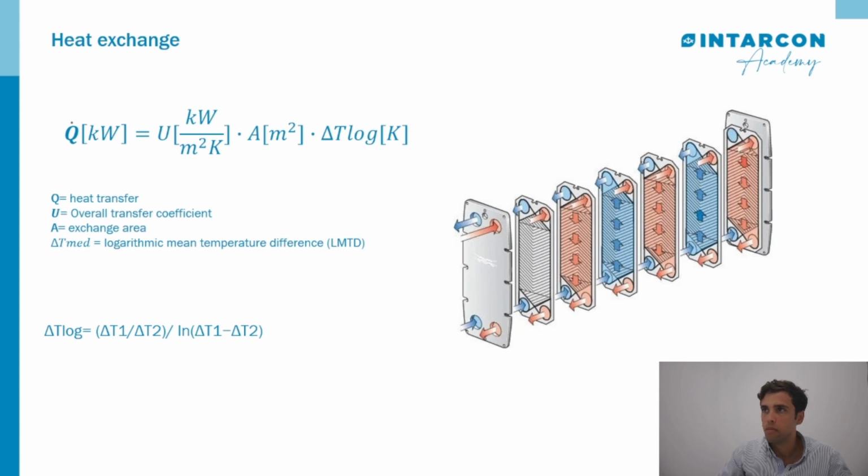Mainly a plate heat exchanger is a stack of many thin metal sheets. Due to this contact, the heat transfer is very high, and we can very quickly transfer the energy that we have to transfer.